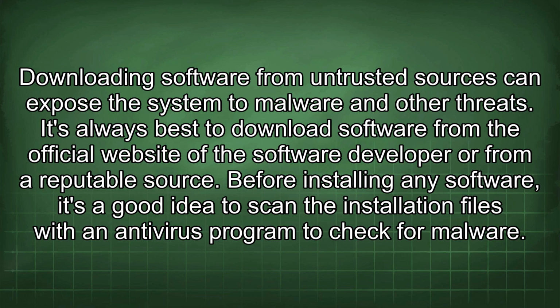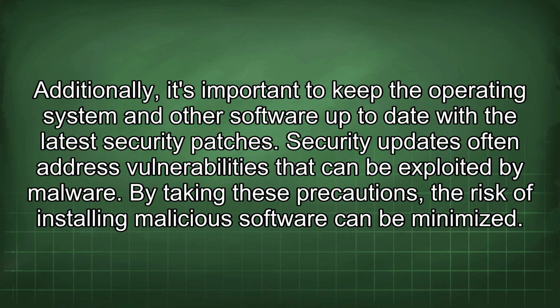Before installing any software, it's a good idea to scan the installation files with an antivirus program to check for malware. Additionally, it's important to keep the operating system and other software up to date with the latest security patches. Security updates often address vulnerabilities that can be exploited by malware. By taking these precautions, the risk of installing malicious software can be minimized.